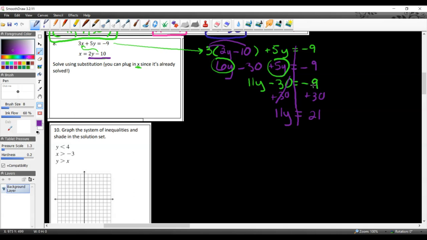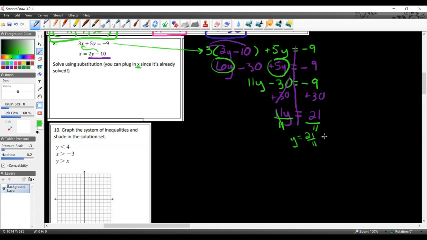So 30 is bigger than 9, it's positive, so it stays as positive 21. Okay. The last step is to get rid of this 11 because we want y by itself, so we're going to divide both sides by 11, and that gives us that y is equal to 21 over 11.